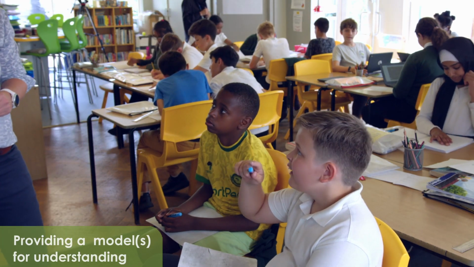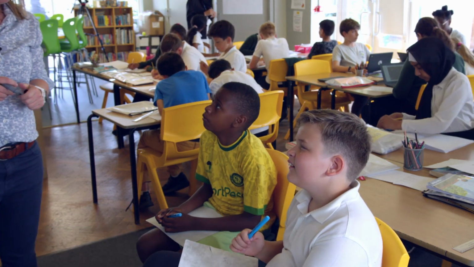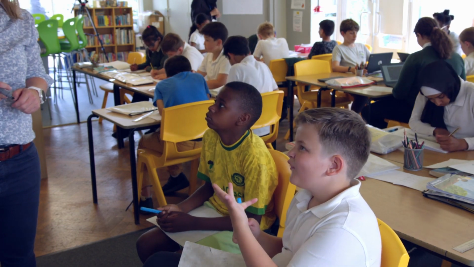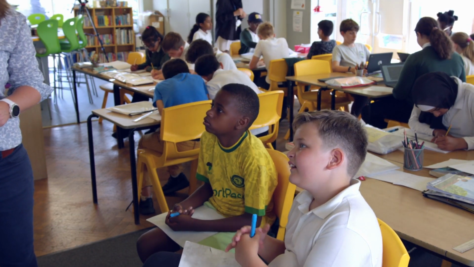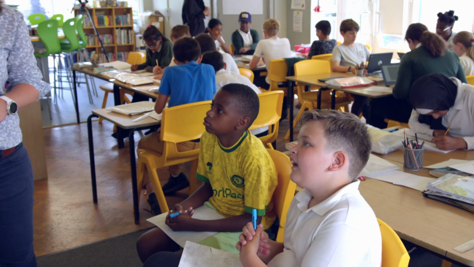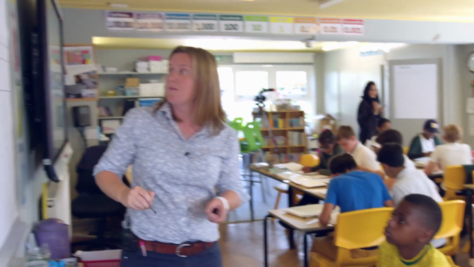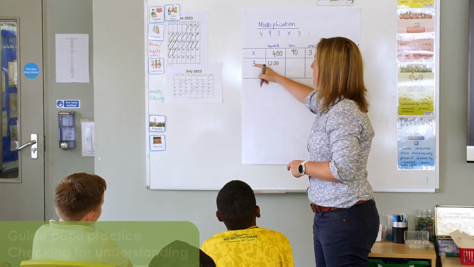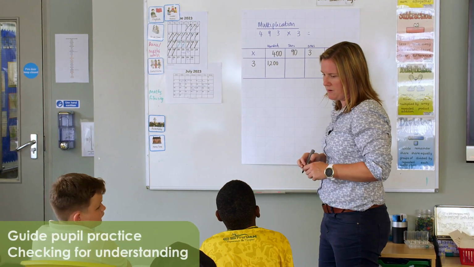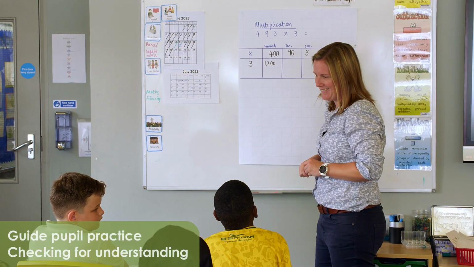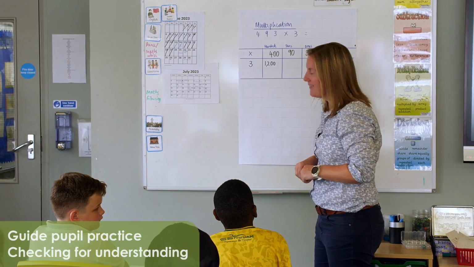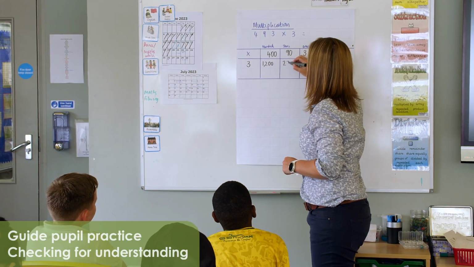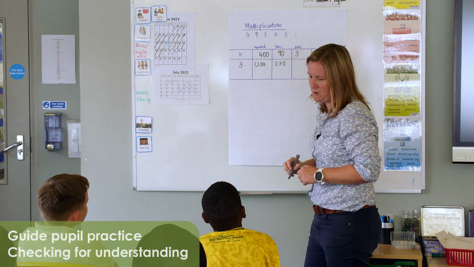400. Do you know what that is? What can you use? Well done. So we pop that in there, don't we? 1,200. Then we're going to do 90 times 3. Yasser, can you do that one? Well done, 270. I like that you're using your 9 times table to help you, aren't you?